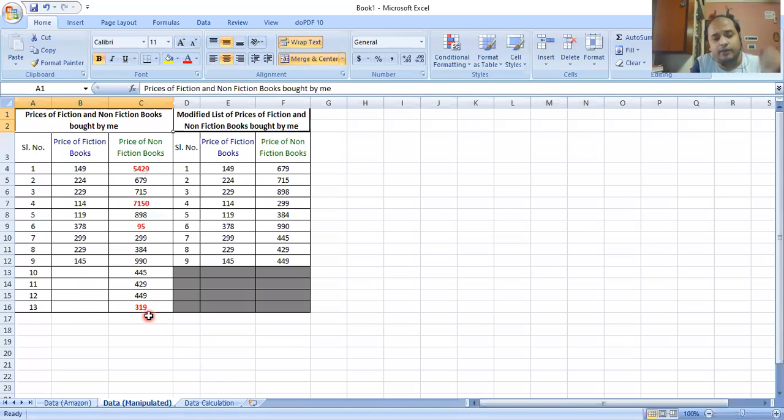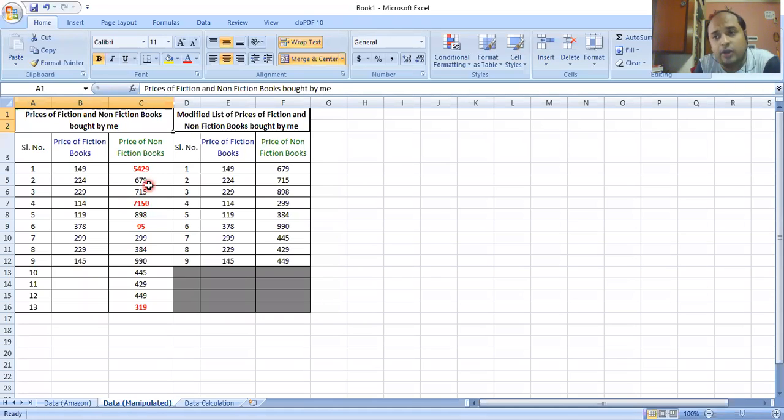Why have I done so? Because these prices are in thousands, they are too high compared with the other prices, which are actually on a 100 scale, but these two prices are on a 1000 scale. So I have decided to omit these two.